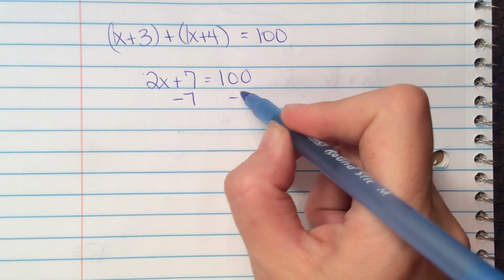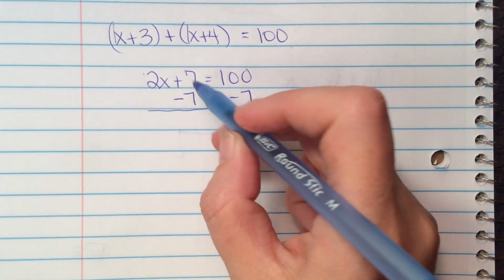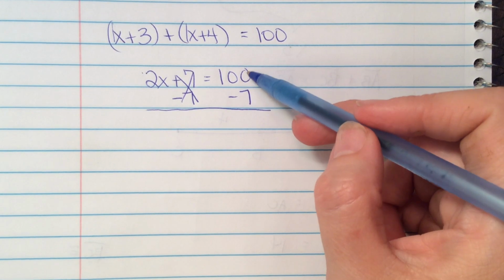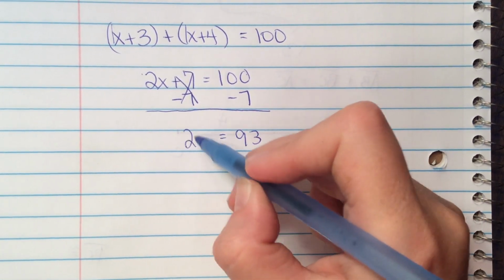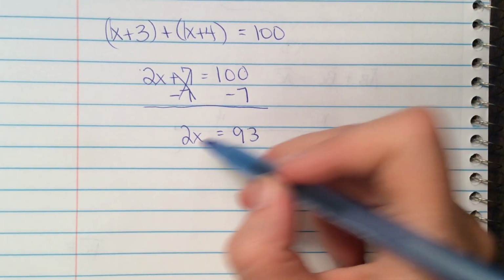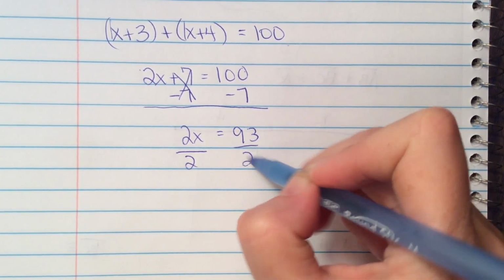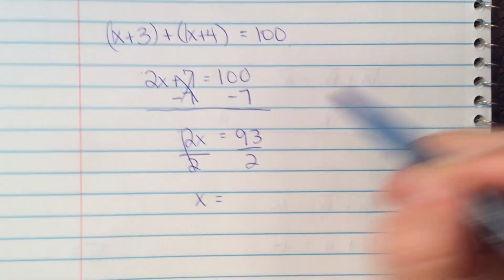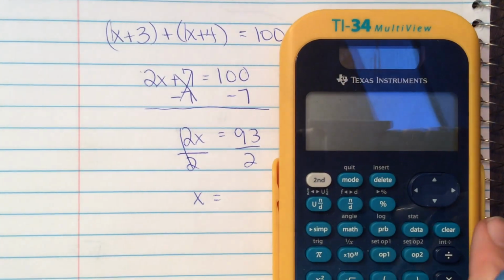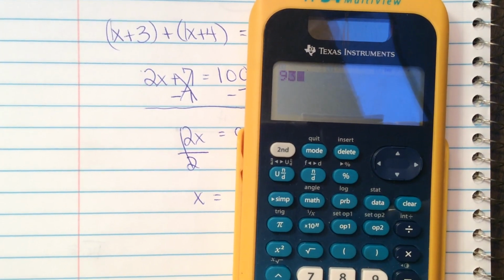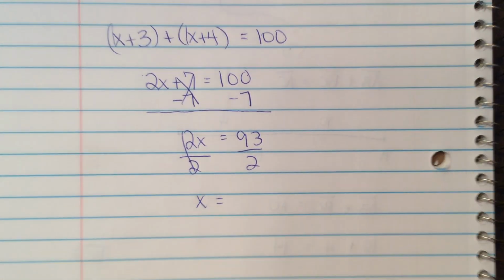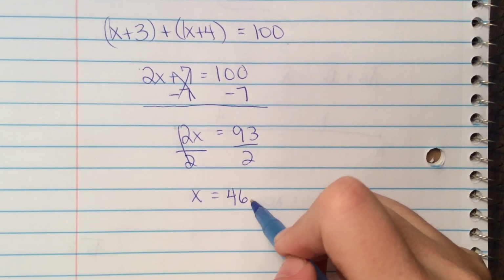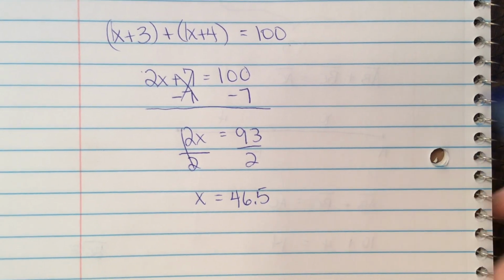Then we subtract 7. 100 minus 7 is 93. And then we divide by 2. And 93 divided by 2, oops, not times, is 46 and a half. And that's fine.